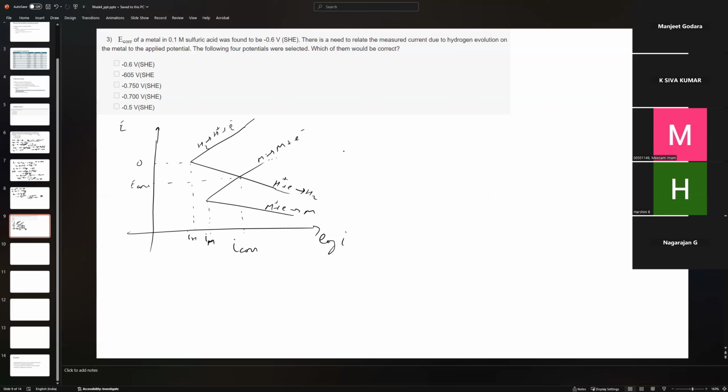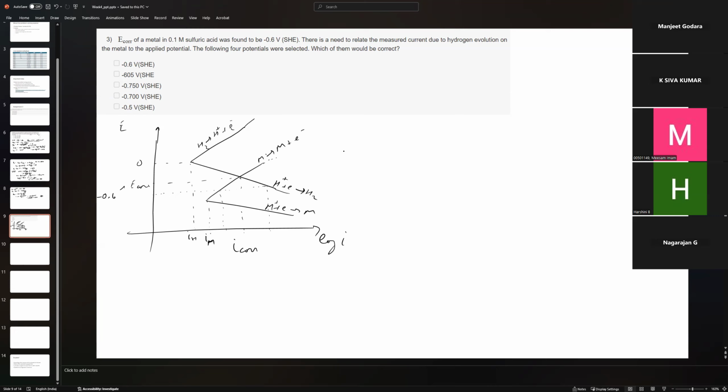E core we are given as minus 0.6, and we have 0.1 molar sulfuric acid. So we want to measure the hydrogen evolution. What will happen if we go to a more negative potential? We'll get these two points.